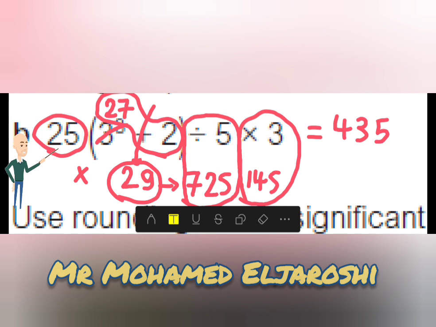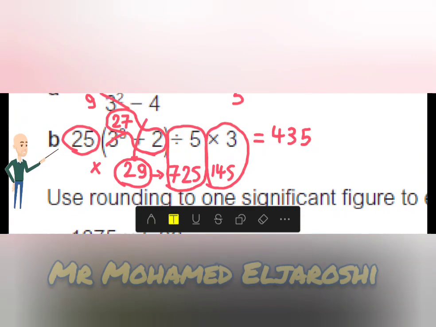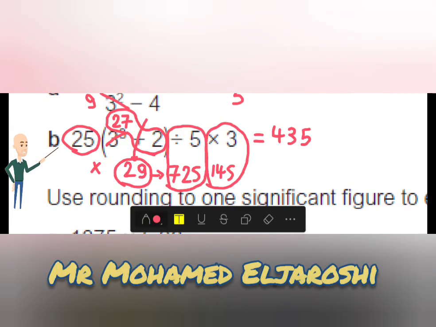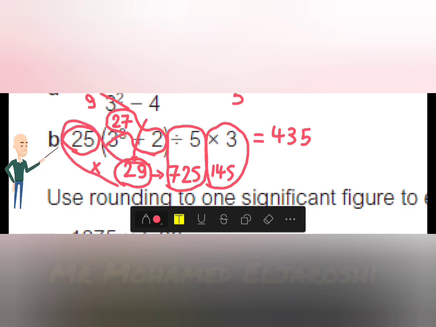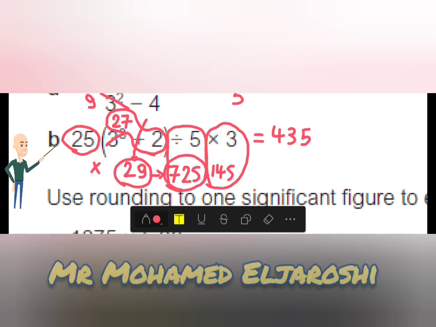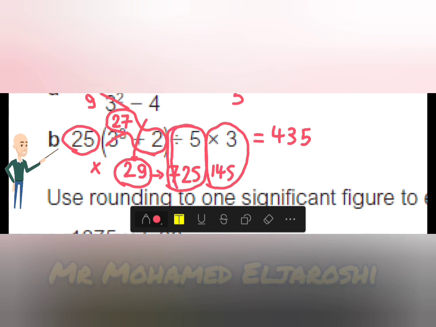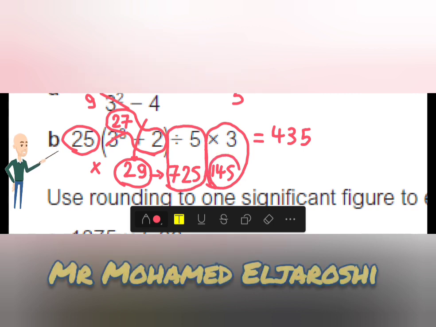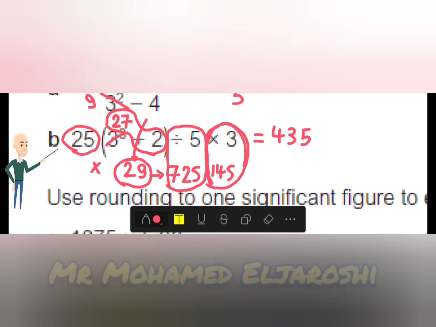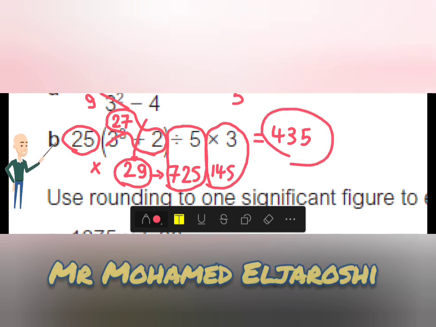So the idea here is order of operations. I just ordered them step by step. First, I did the power, and 3 to the power of 3 is 27, and then 27 plus 2 gave me 29, and then 29 multiplied by 25 gave me 725, and then I divided by 5, it gave me 145, and then I multiplied by 3, it gave me 435.